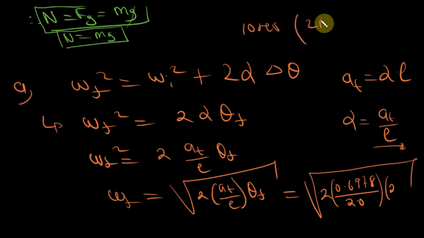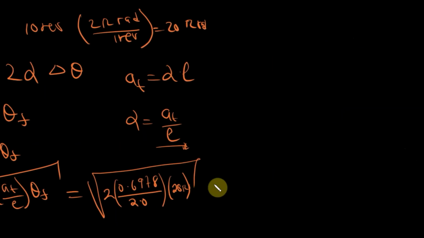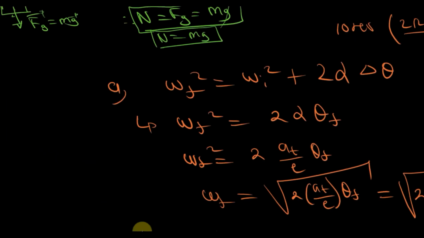So we multiply it by 2 pi radians over 1 rev. This will give us 20 pi radians. So multiply this by 20 pi radians. Evaluate this on the calculator. This gives us 6.62 rads per second. Okay, we have that.